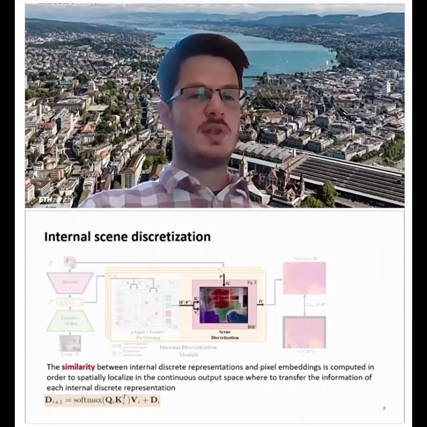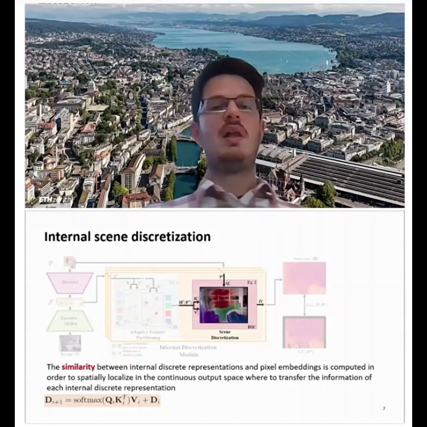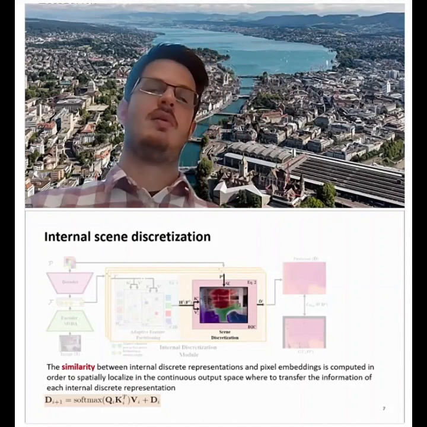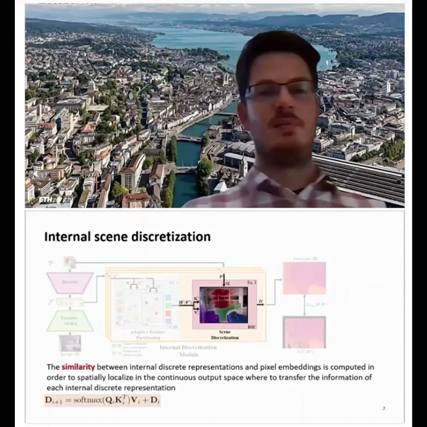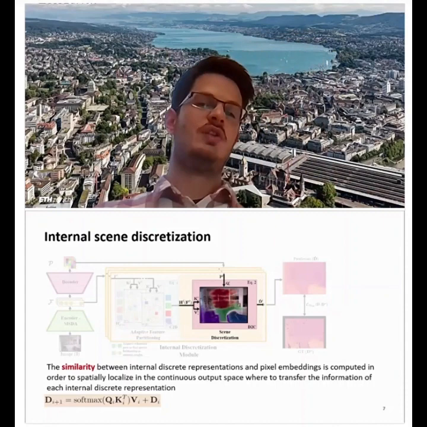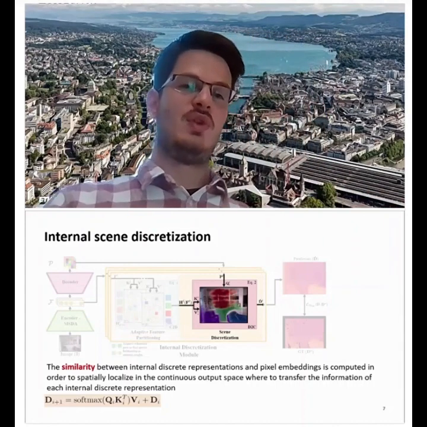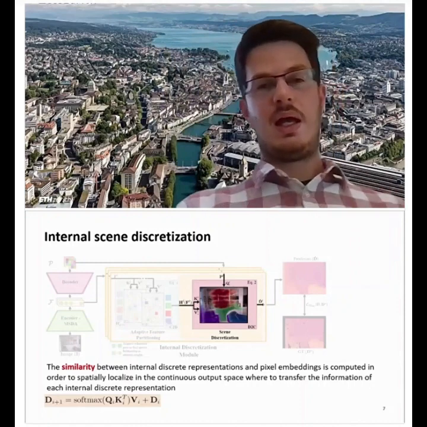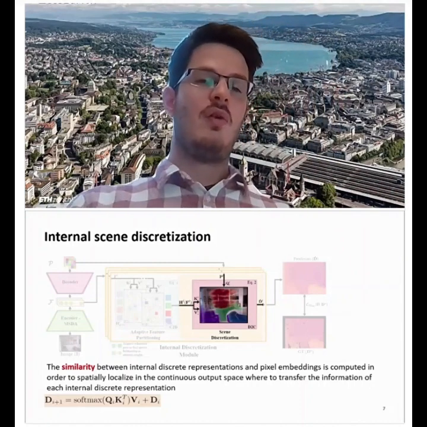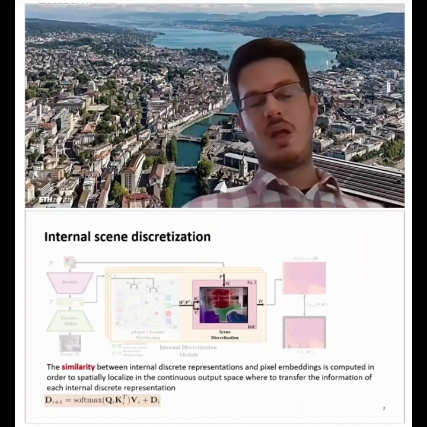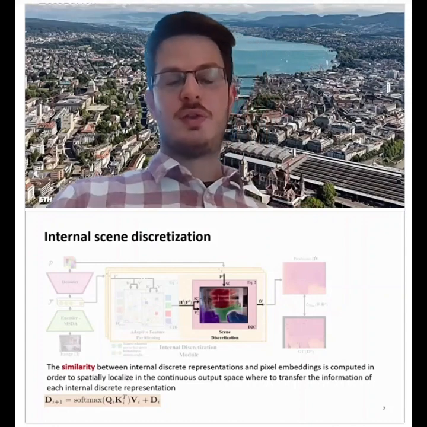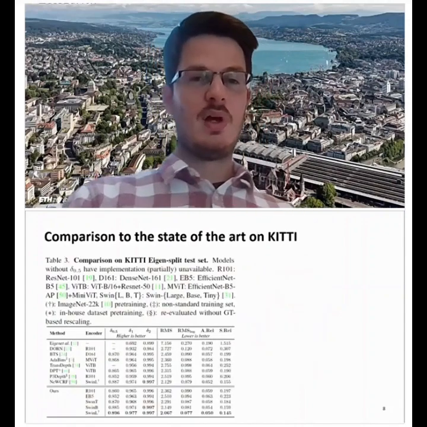In doing so, we're able to localize in the output space of the pixel embeddings where each internal discrete representation has the most influence, which is also illustrated in the figure with the different soft color maps on the image.